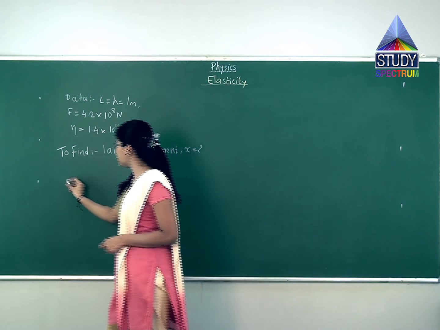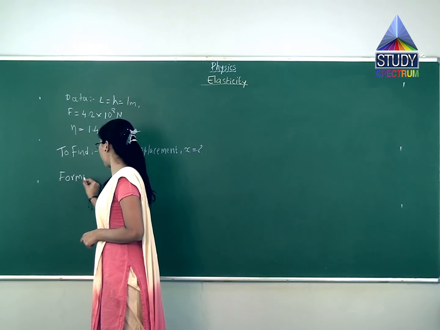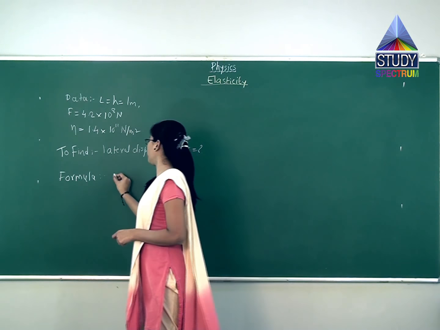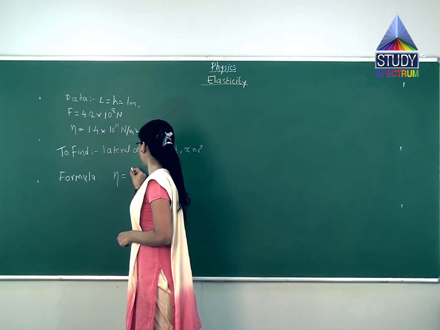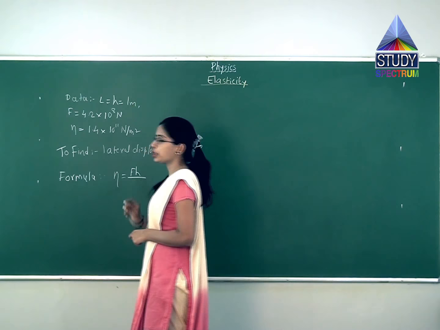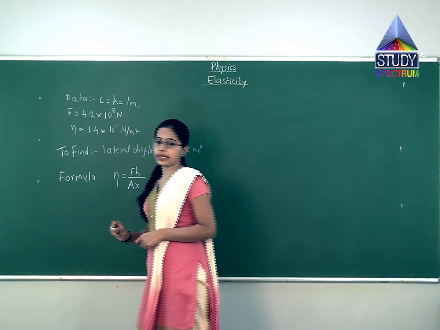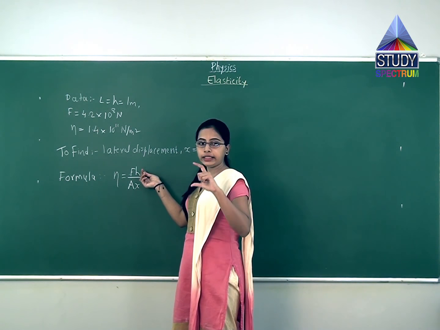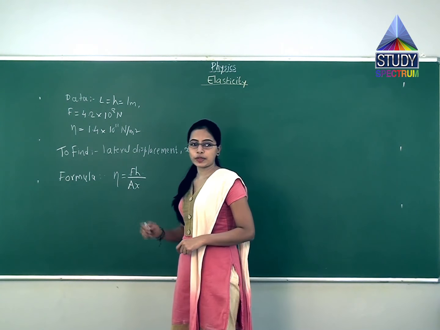The formula that we will use here is the formula of modulus of rigidity. Eta is equal to F into H upon A into X, where F is force, H is height of the cube, A is area, and X is the lateral displacement.